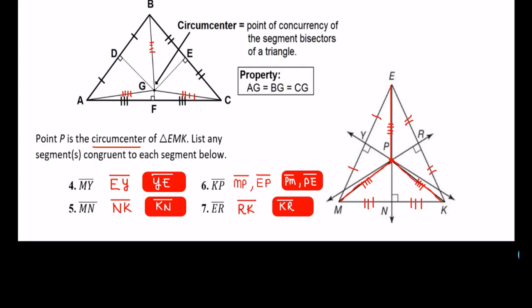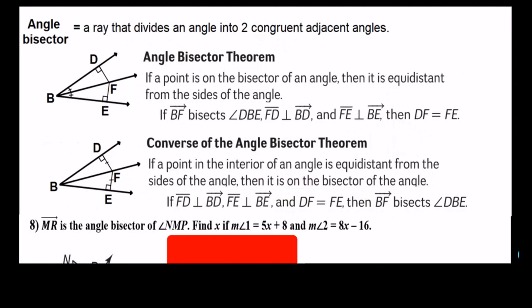All right, let's go to the next part of the lesson. We talked about perpendicular bisectors. Now let's talk about angle bisectors. An angle bisector could be a ray or a segment that divides an angle into two congruent adjacent angles. Right here, BF is the angle bisector, because you can see that these two angles are congruent.